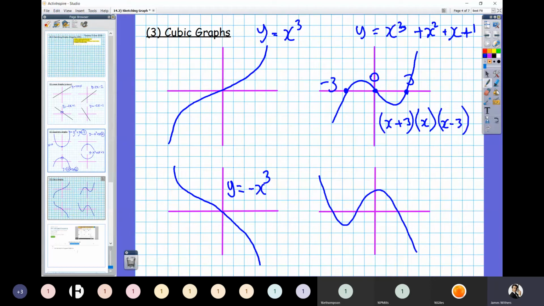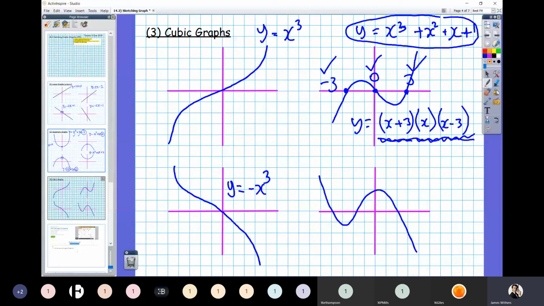Remember, if you're working backwards, you'd say to yourself, what value of x would make this bracket 0? That would be minus 3. What value would make this bracket 0? That would be 0. What would make that bracket 0? That would be plus 3. So if you then multiplied out those 3 brackets, that would give you the precise version of that.